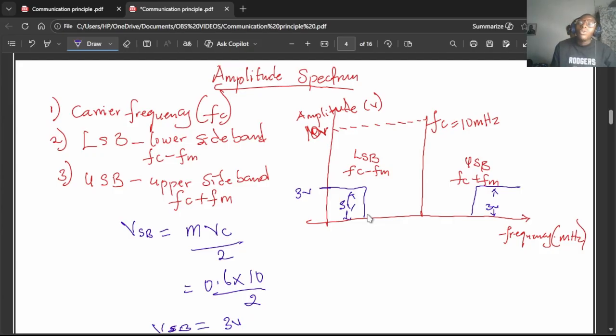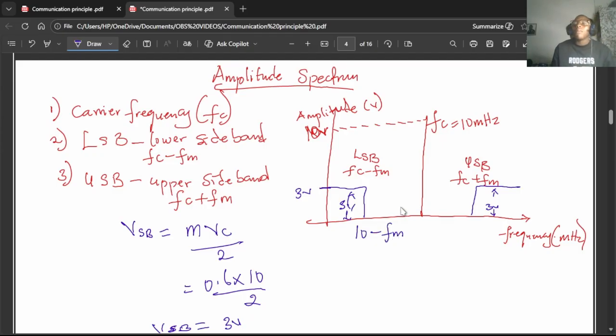Here we know FC. We know FC to be 10 volts, or what? Sorry, it's not volts. You know your FC here, your carrier frequency, to be 10 megahertz. So in essence, we can put this part of your graph as 10 minus FM.